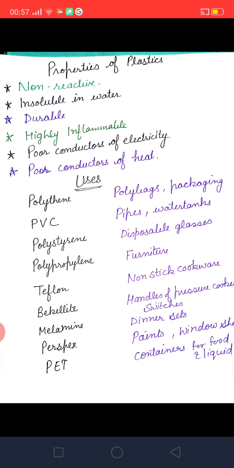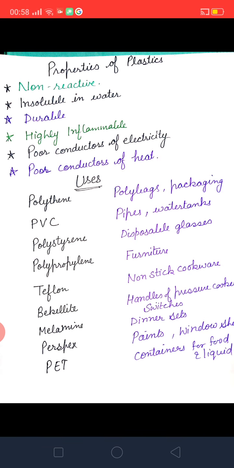Then polystyrene, with high elasticity. Due to its high elasticity, it is used in making packaging material, building insulation, and disposable glasses also. And then polypropylene, it is used in furniture making.